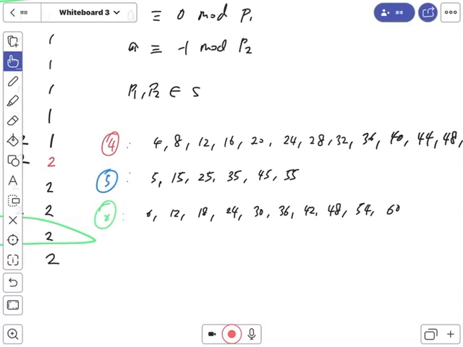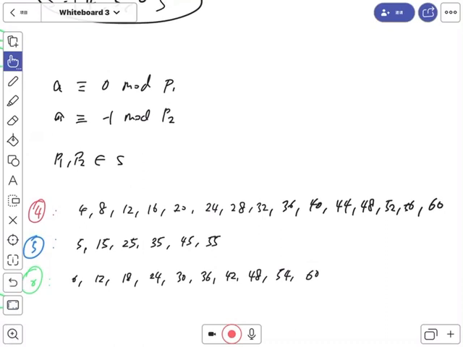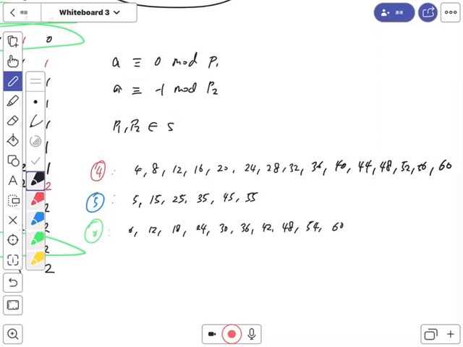Now we just want to find any pair of consecutive numbers within all of these. So first, let's start.